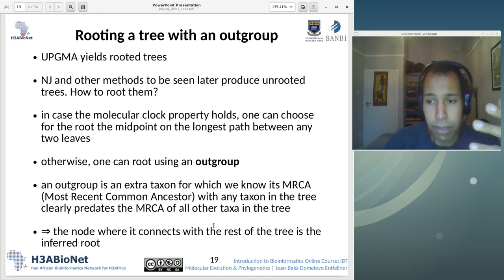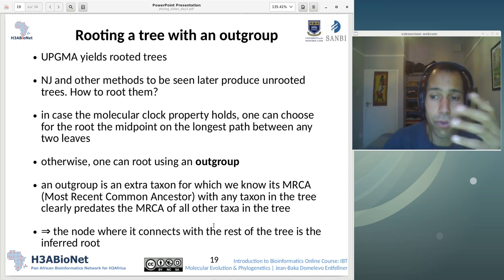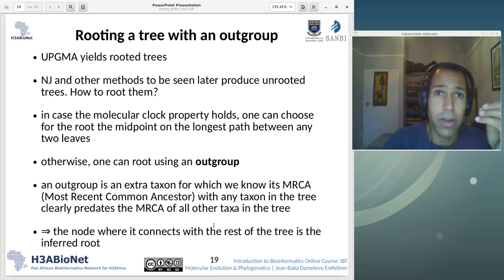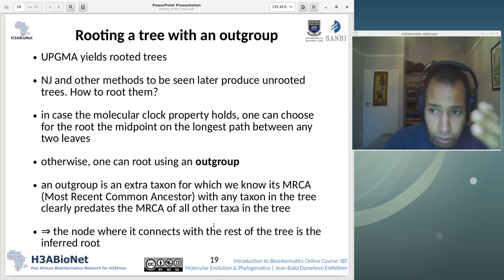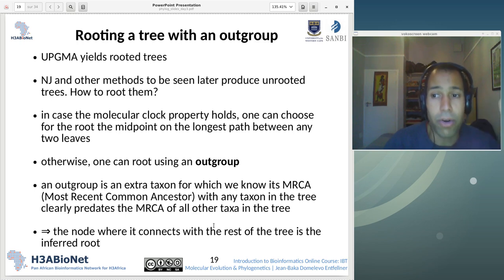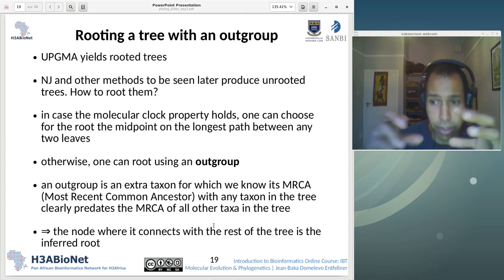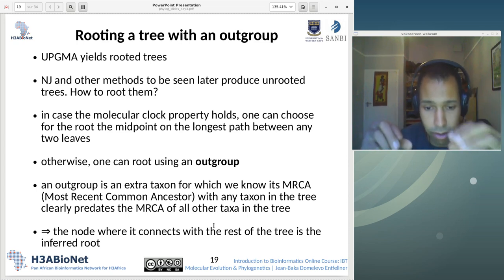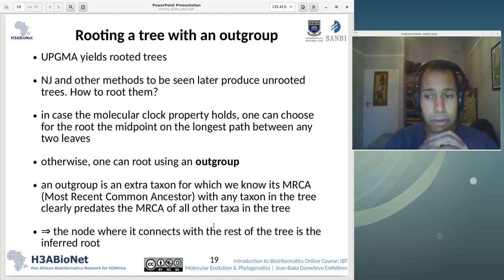Okay, and it does make sense because you've chosen this taxon as a taxon that you know is outside of the group of interest. So necessarily where it branches on the tree is a moment that predates all the common ancestors of sets of taxa within your set of taxa of interest. So that's the technique of the outgroup.